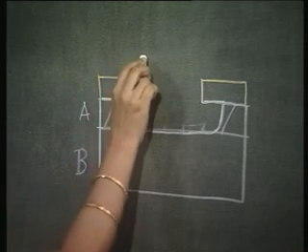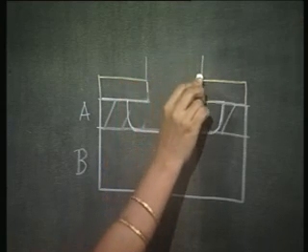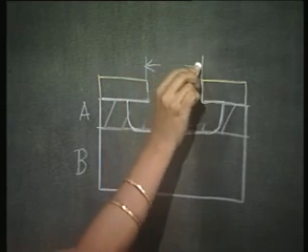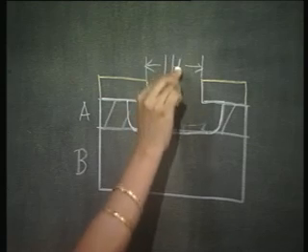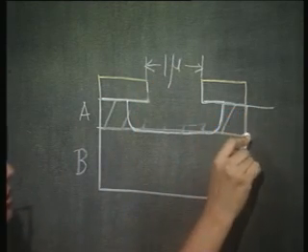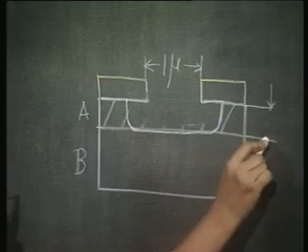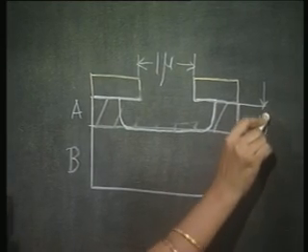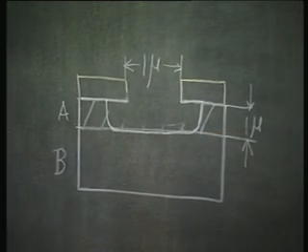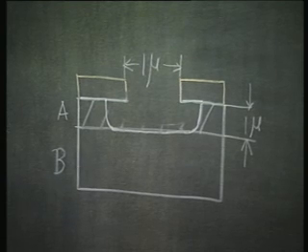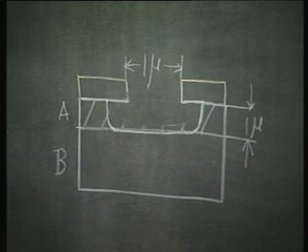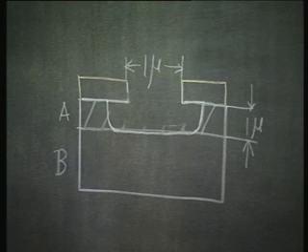And if the dimension of the window opening is, let us say, 1 micron, and if the thickness of this is also 1 micron, and if I say that the etching solution cannot at all distinguish between the horizontal and vertical surface, that is, it is perfectly isotropic.